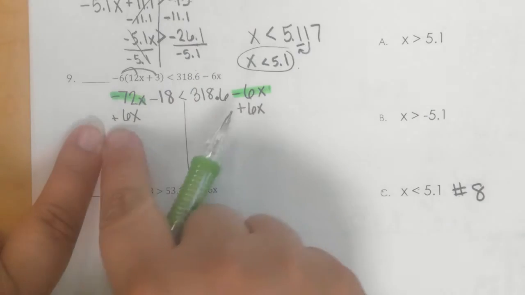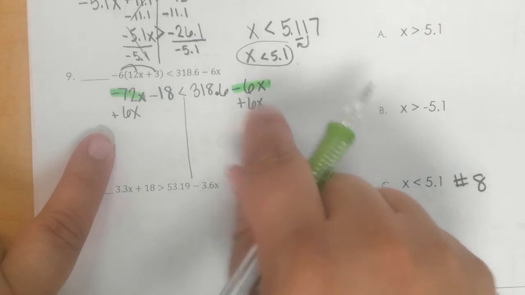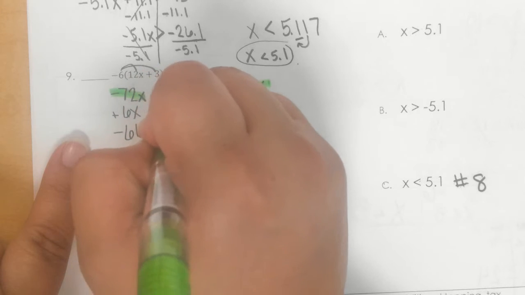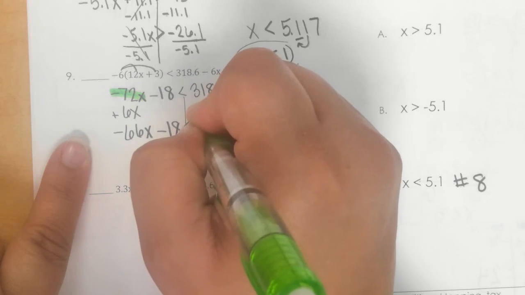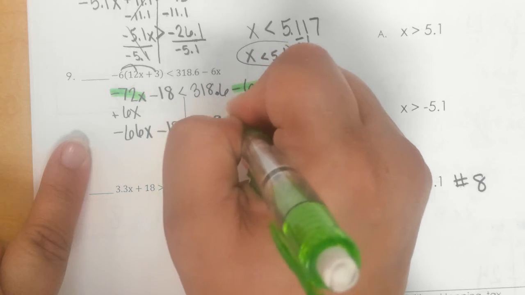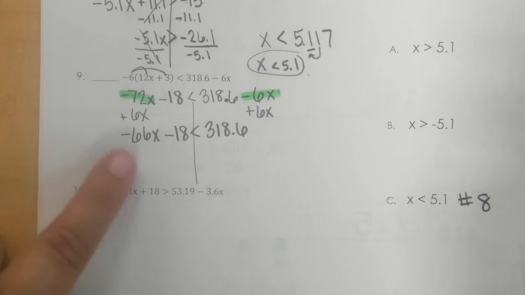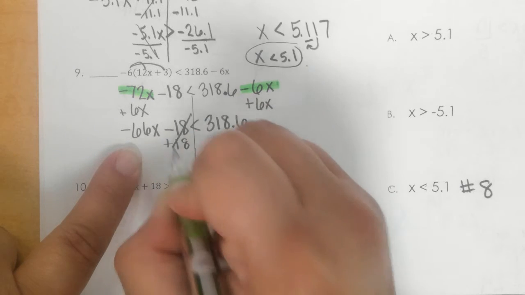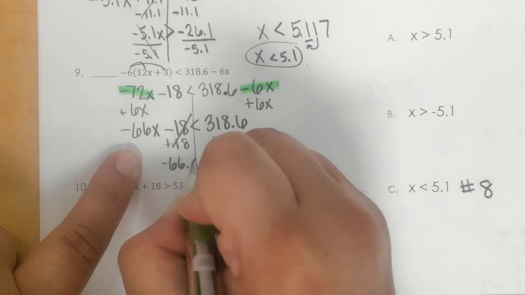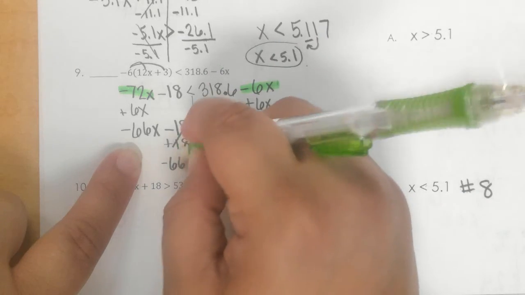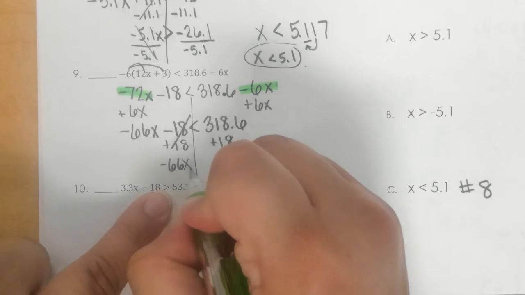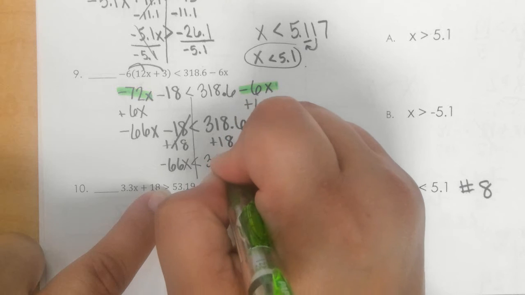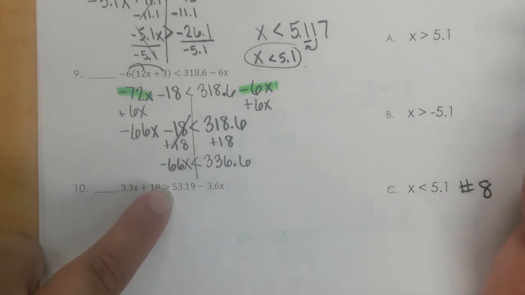Now this should be pretty simple because this is just whole numbers. So I add my 6 over, and we get negative 66x minus 18 less than 318.6. Okay. Now add 18. Okay, and then if I add these two together, we get 336.6.